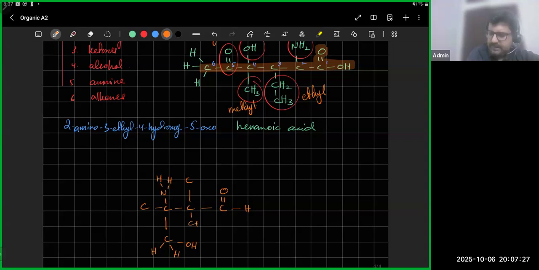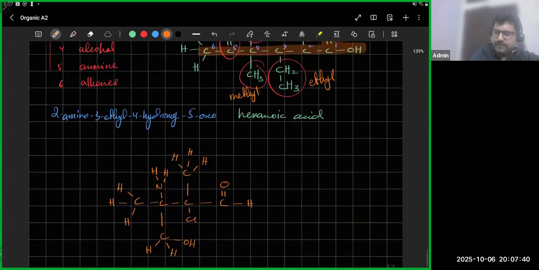It's got a Cl as well. It's got another methyl group, and it has another methyl group. Now you're supposed to name this.